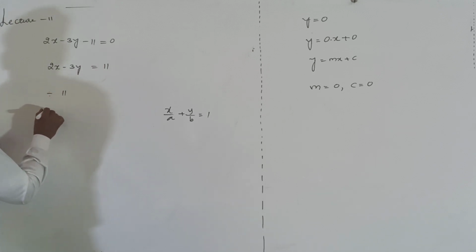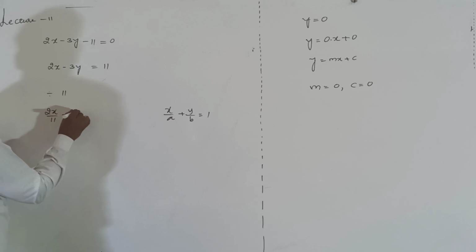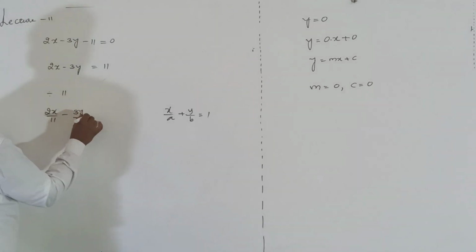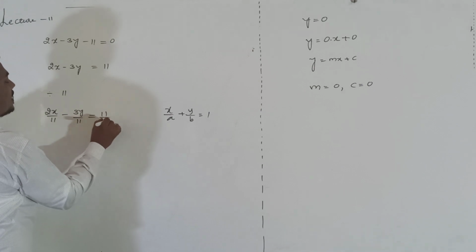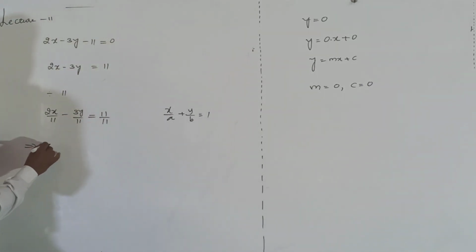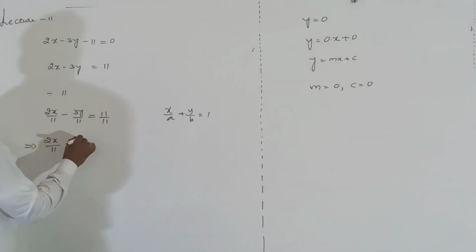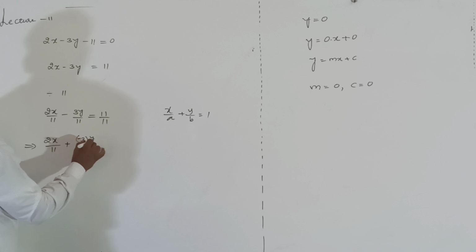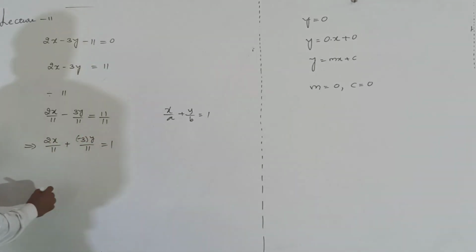So dividing by 11, then it will be 2x divided by 11 minus 3y divided by 11 is equal to 11 divided by 11. After that, 2x divided by 11 plus minus 3 into y divided by 11 is equal to 1.